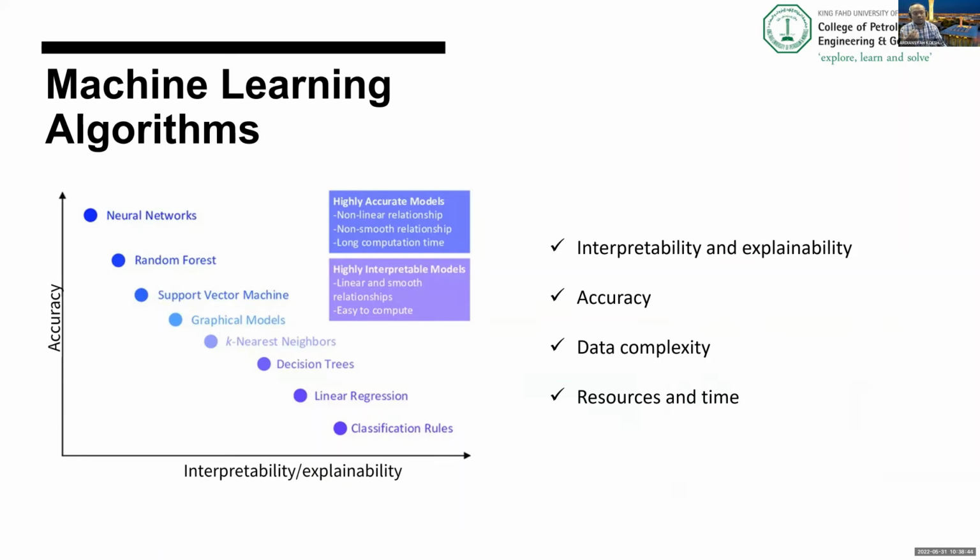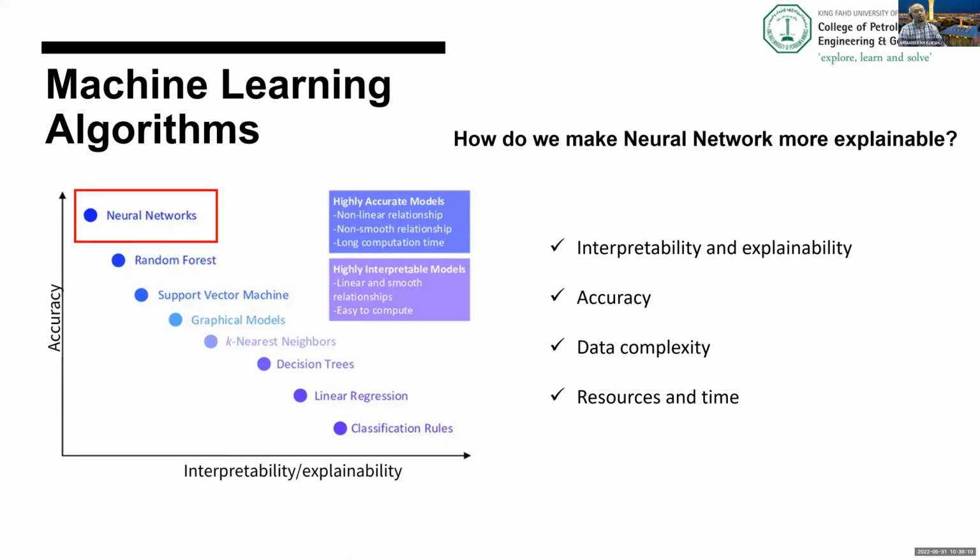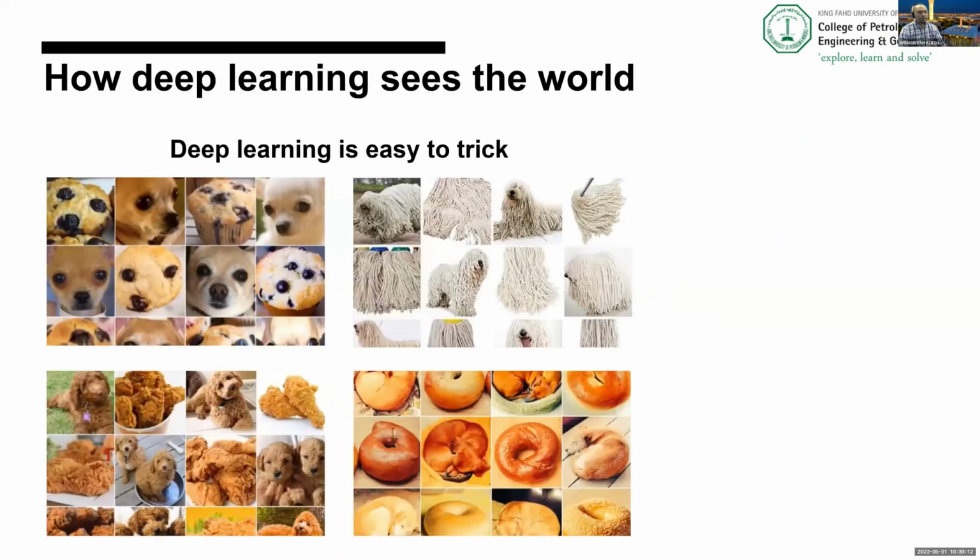Because neural networks can handle nonlinear relationships, and this becomes very difficult to explain, and even we don't know exactly how the algorithm makes its decisions. This is the problem that we have today. When you don't have the explainability, it means it's very difficult for us to put our trust, right, to invest in this technology. So then how do we make neural networks more explainable?